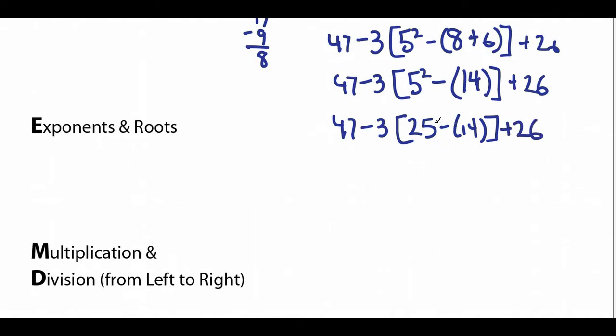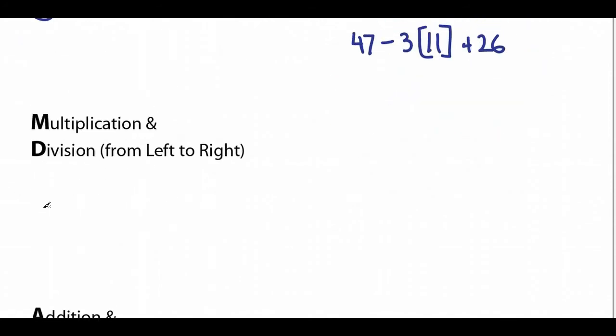And now we have to do addition, subtraction. So 25 minus 14 is 11. We're going to keep it in brackets, drop all of this, and add 26. Now here we don't have any exponents left, so now we're going to go to multiplication and division.